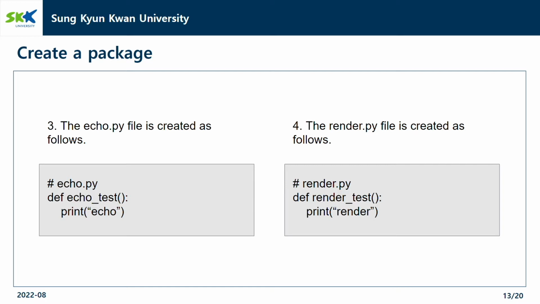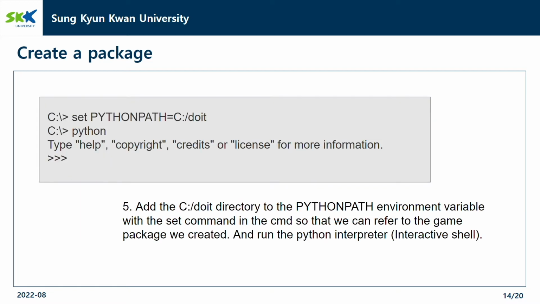The third step is to create the echo.py file as follows, and create the render.py file as follows. Lastly, add the C:/doit directory to the Python path environment variable with the set command in the CMD so that we can refer to the game package we created, and run the Python interpreter.